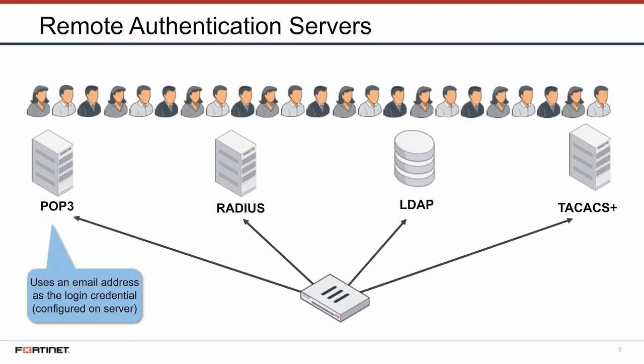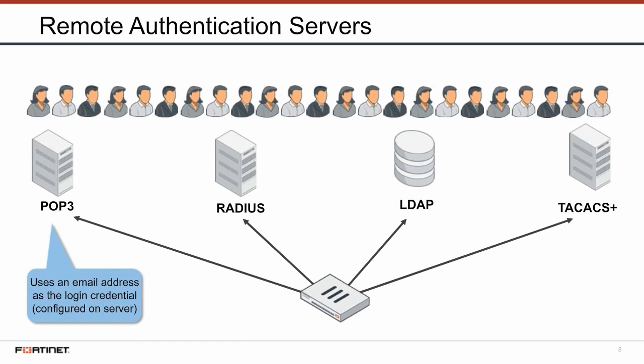FortiGate provides support for many remote authentication servers, including POP3, Radius, LDAP, and TACACS+. POP3 is the only server that requires an email address as the login credential. All other remote authentication servers use the username. Some POP3 servers require the full email with domain, user@example.com.